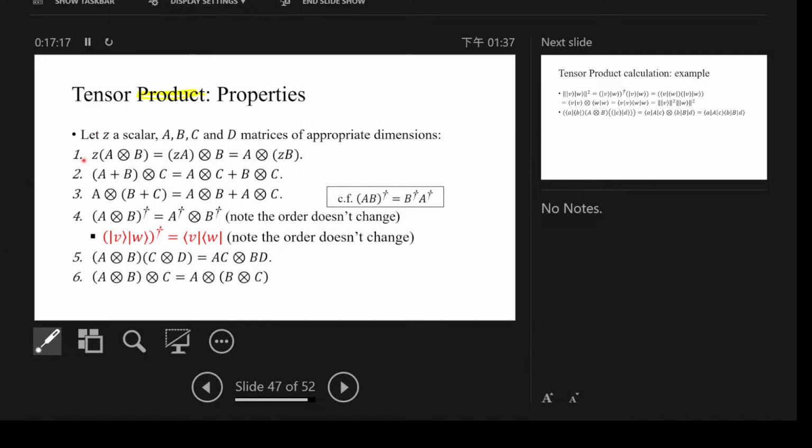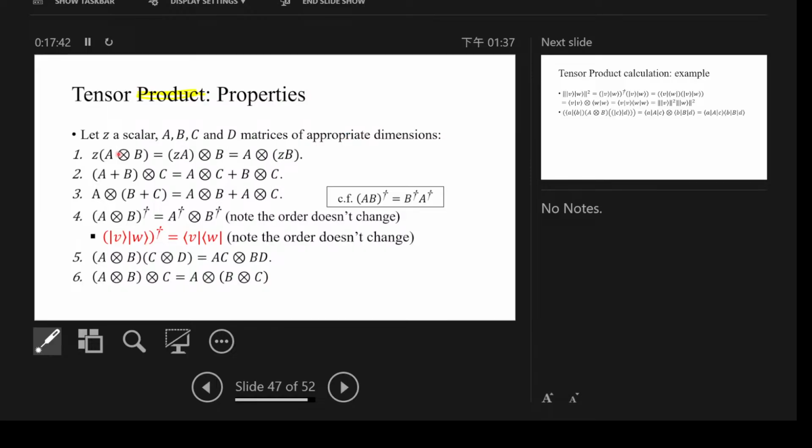For example, you can have scalar multiplication on a tensor product, and it respects the associative rule and also commutative. So if you have some scalar z on A tensor B, it's the same whether you multiply this scalar on A first, or you multiply this scalar on B first. It's the same result.